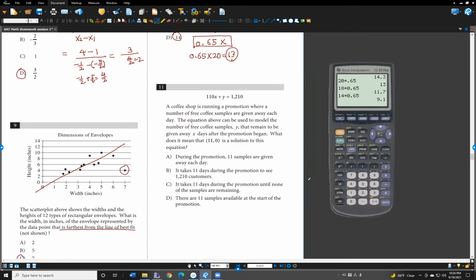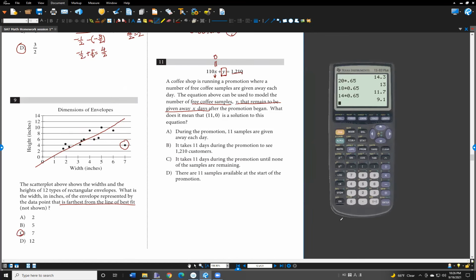The number 11. X is days. Y is what? The number of copies remaining to be given away after x days. At the beginning, 0 days, the copies remaining is what? 1,210 copies there.